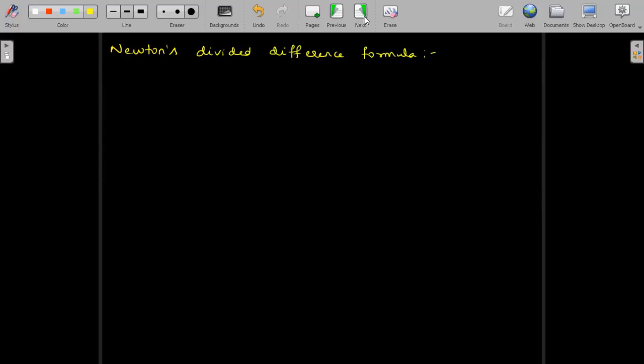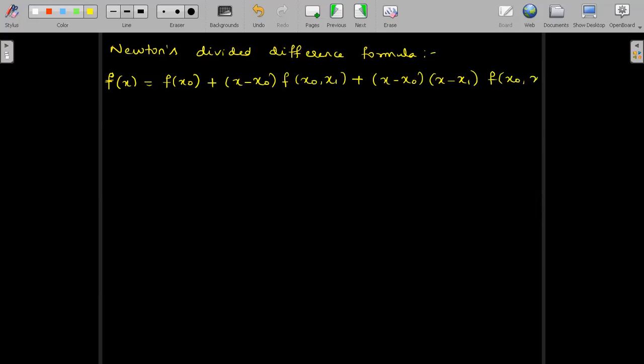And this is given by f of x is equal to f of x naught plus x minus x naught into f of x naught comma x1 plus x minus x naught into x minus x1 multiplied by f of x naught, x1, x2.